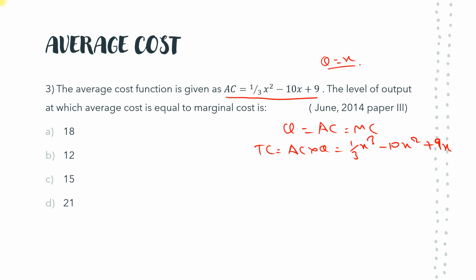Now we differentiate the total cost function with respect to Q, with respect to X. When we differentiate it, it will be like this.